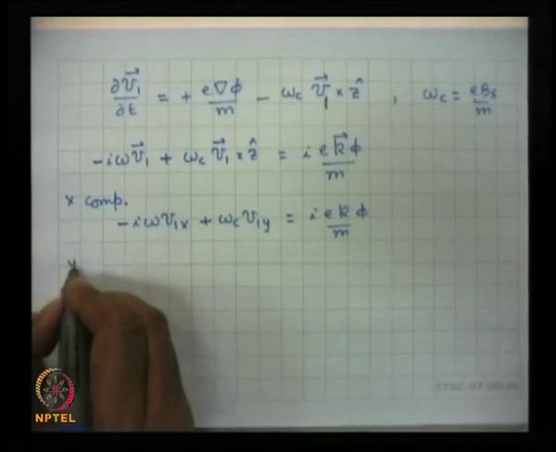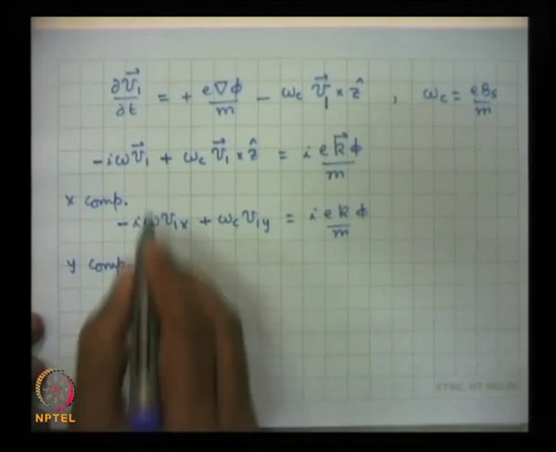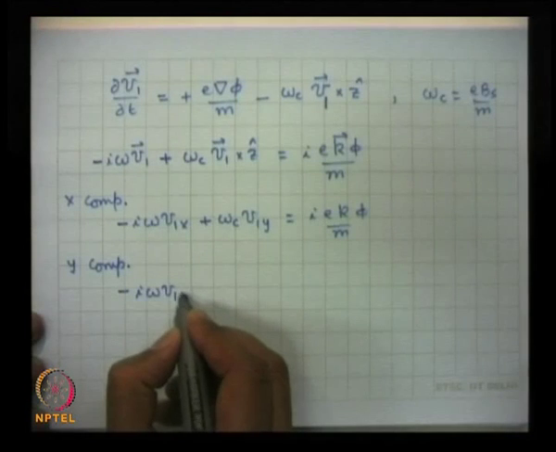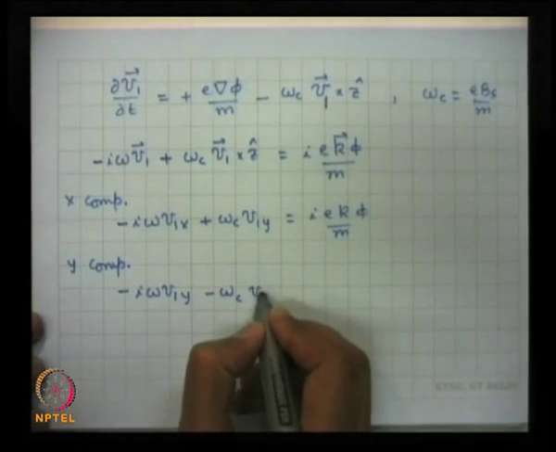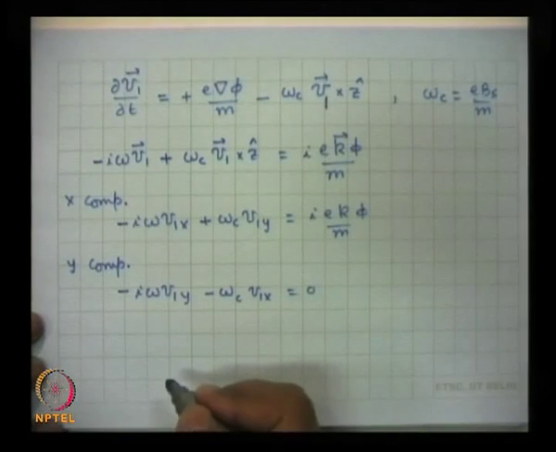For the y component you will get, y component equation will be minus I omega V1y minus omega c V1x is equal to 0, because there is no y component on the right hand side.